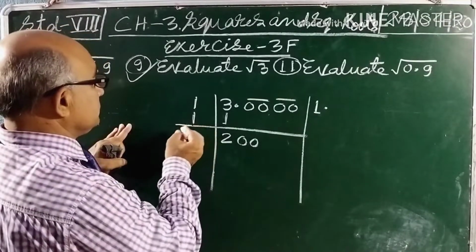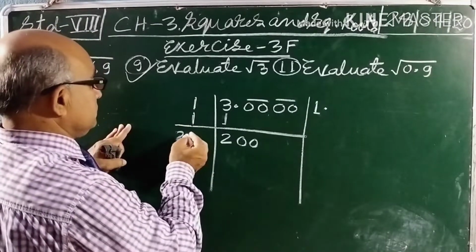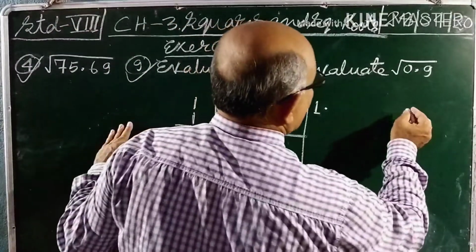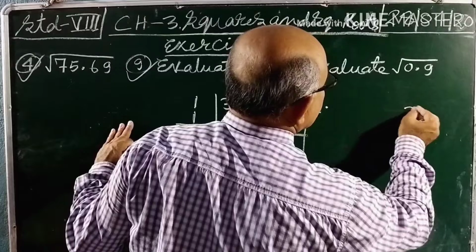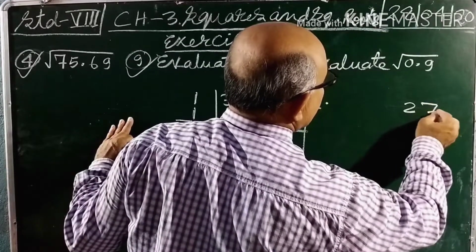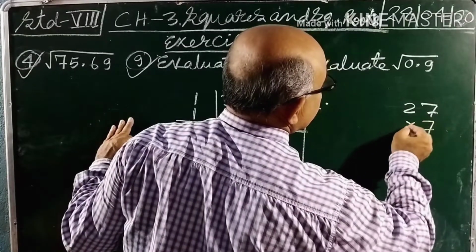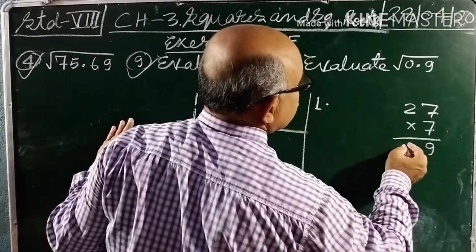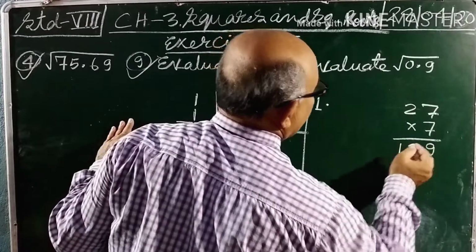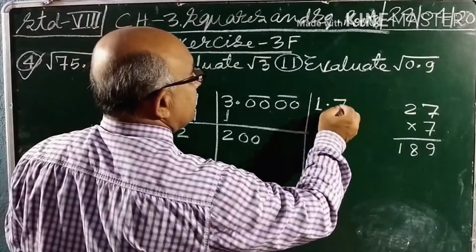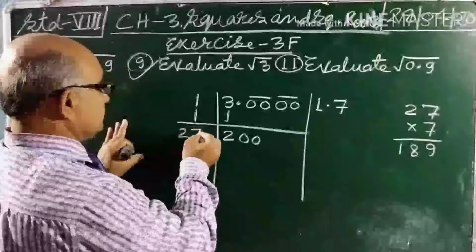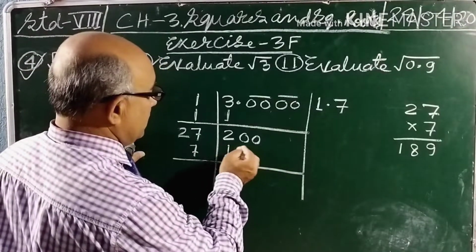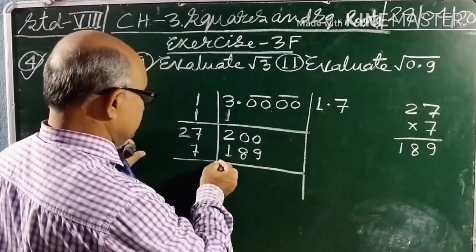200. 112. So 7 times. 189. So 7 times. Now 189.